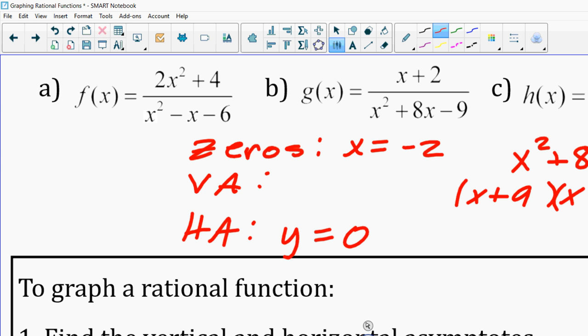What's x equal? -9 and 1. And those are the two numbers where that denominator is 0. So those are your vertical asymptotes. Vertical asymptotes are x equals, you got two of them, -9 and 1.